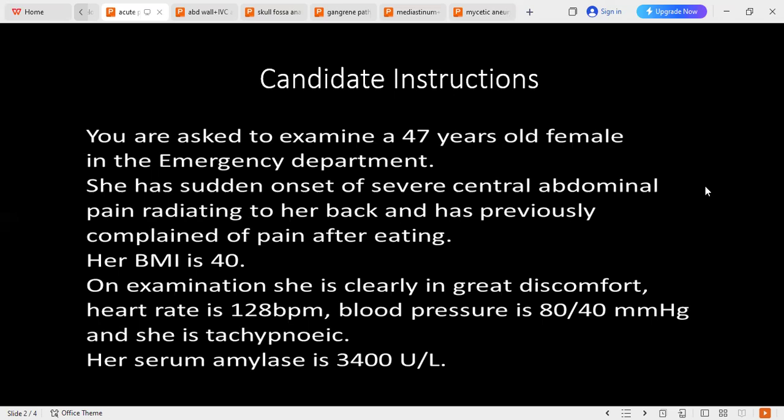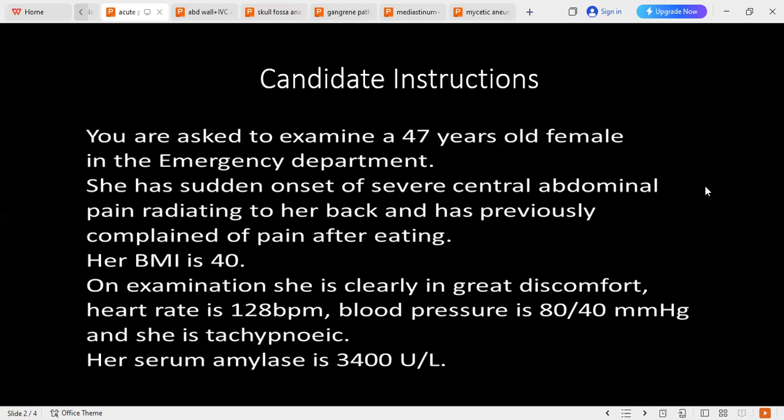Partial pressure of oxygen should be less than 8 kPa. Neutrophils above 15,000. And calcium should be less than 2. Very good.